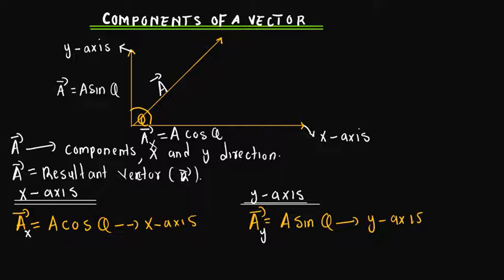Now, how do you find the resultant vector, just in case you have been given the components? Let's try to do everything here. So look at this. In the x-axis, we said that the x component of vector A is equal to the resultant vector A cosine the angle theta.